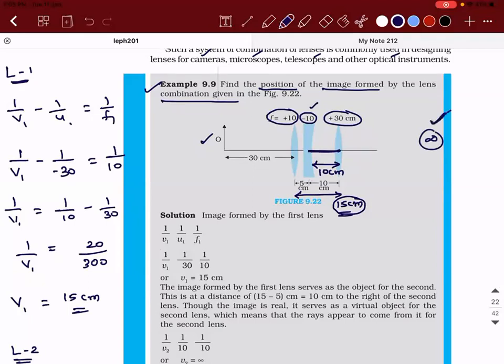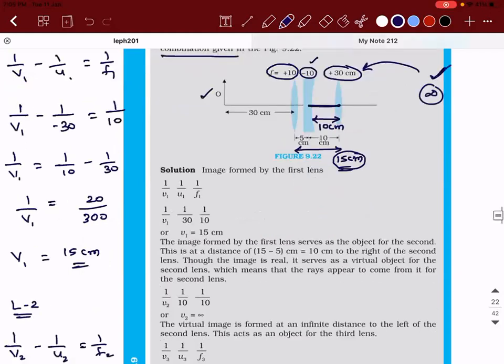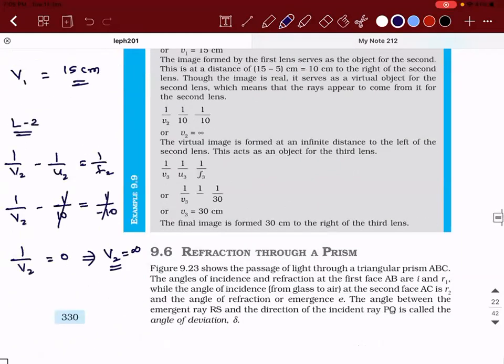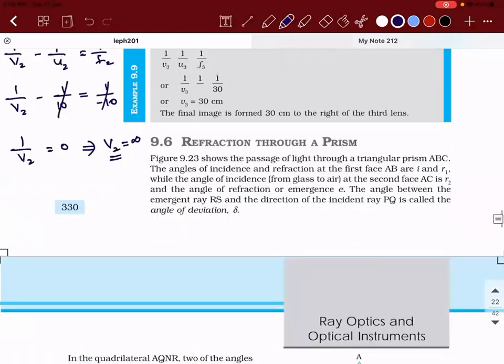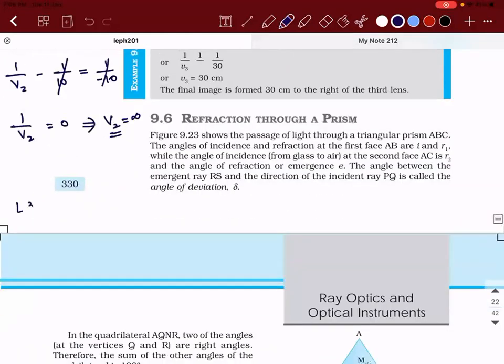Now this image formed due to the second lens will behave as the object for the third lens. Accepted? Yes, sir. Right. So for lens 3, you need to apply the formula 1 by V3 minus 1 by U3 is equal to 1 divided by F3.